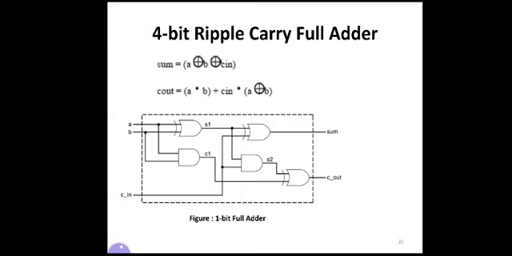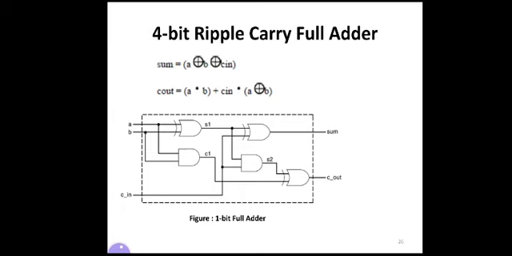So in digital electronics you have come across the full adder, that is the 1-bit full adder, and using the 1-bit full adder you have designed the 4-bit ripple carry adder, RCA in short.